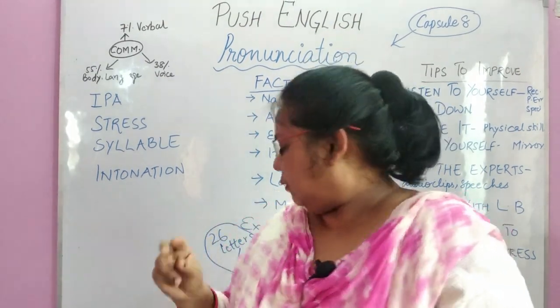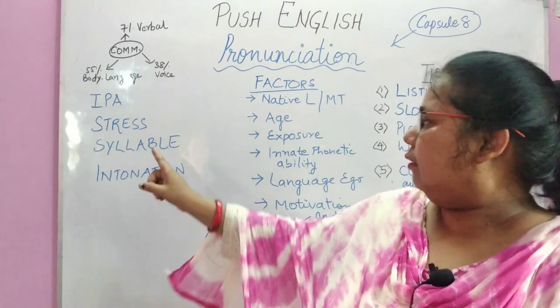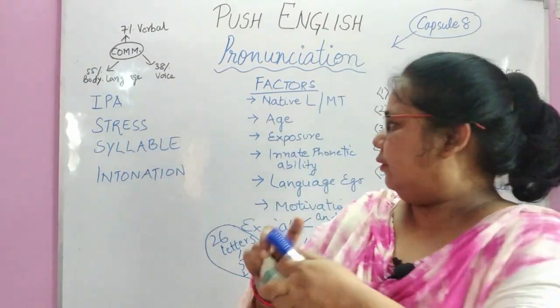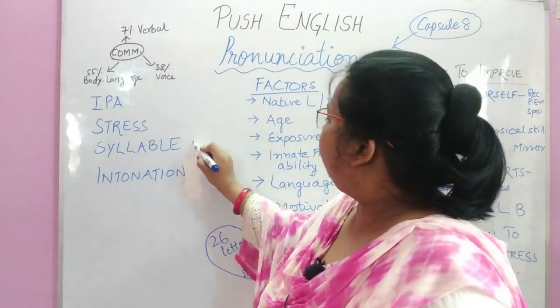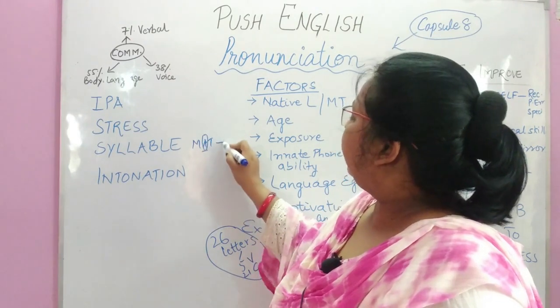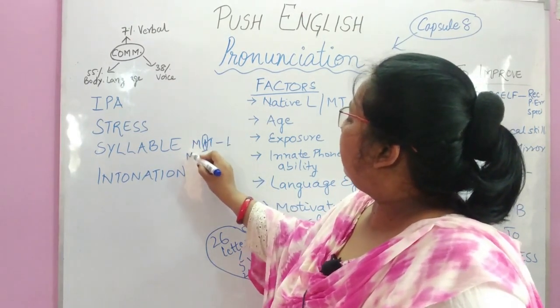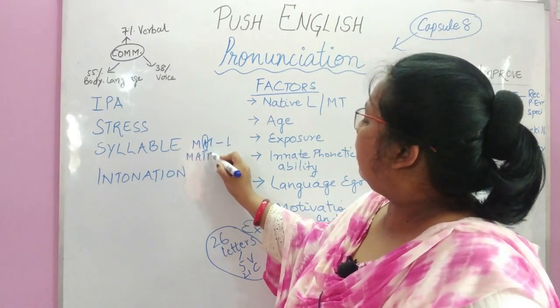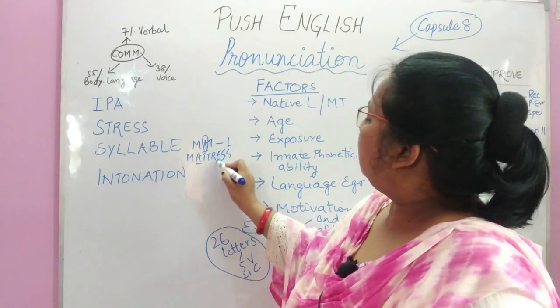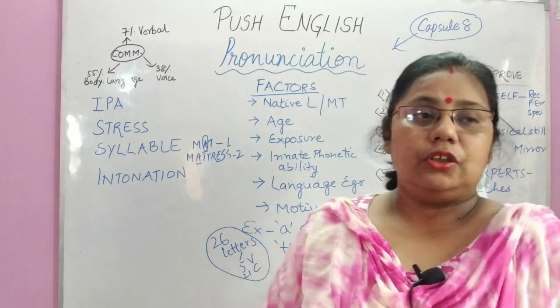So for example, when we say syllable, there is a word called mat. So this word mat has got 1 syllable in it, that is A. Okay, it has got just 1 syllable. When I make it mattress, M-A-T-T-R-E-S-S, then this becomes 2 syllable word. Is that clear? So syllable is this.